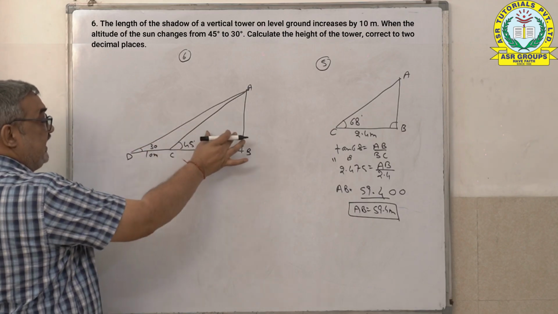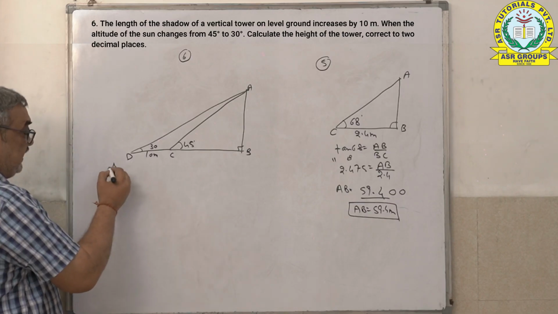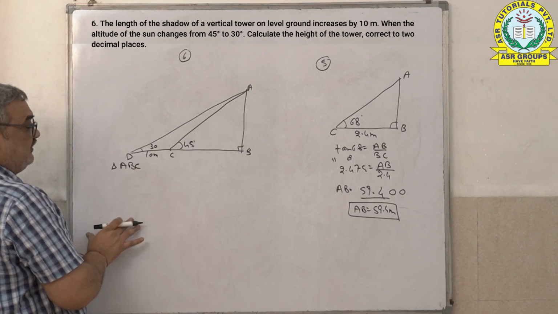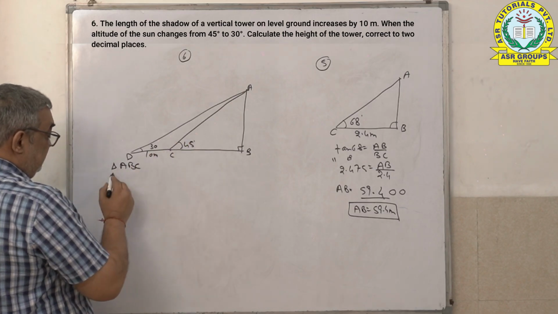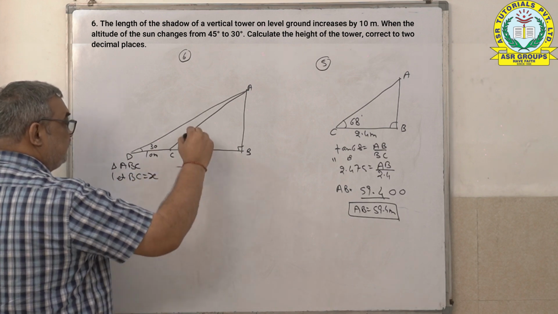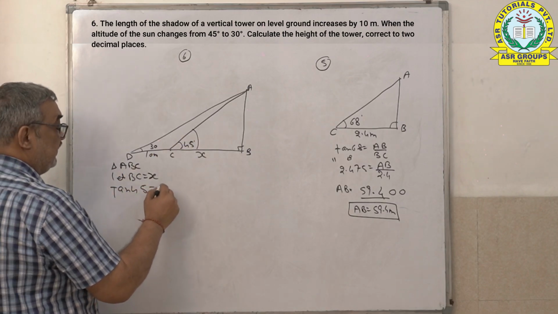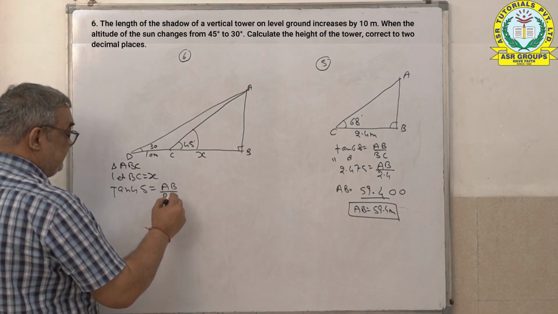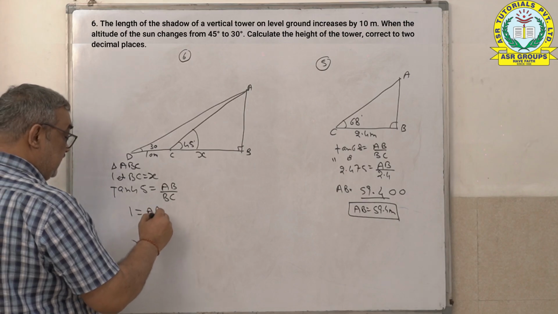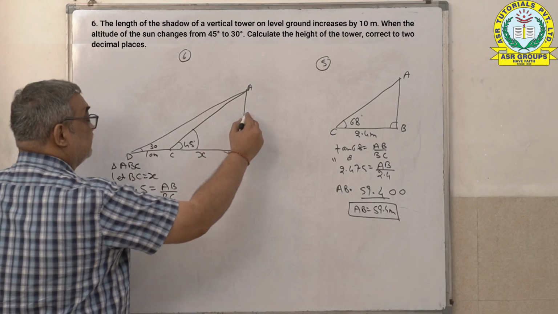Always take the closer triangle first. We'll take triangle ABC, right? Let BC equal to x. I'll use tan 45, AB upon BC. Tan 45 is 1. AB upon x. So AB equal to x.